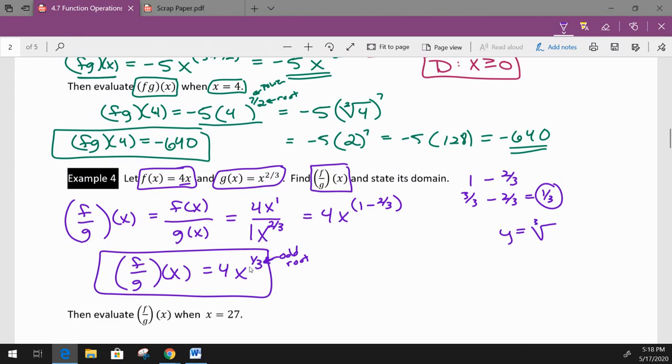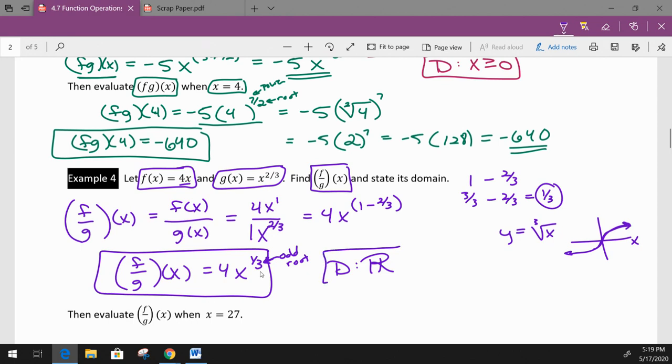When we had our parent function, y equals cubed root of x, it went up to the right and down to the left, with this little S curve in between. So you can see your x values do continue to go right and left forever and ever. So your cubed root has a domain of all real numbers. So 4 times the cubed root of x would also have a domain of all real numbers.